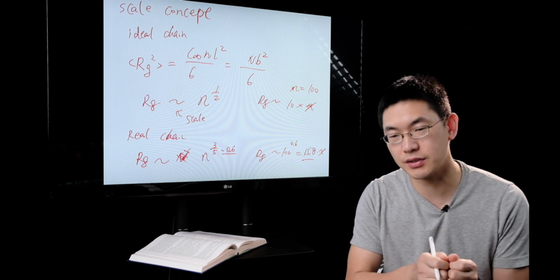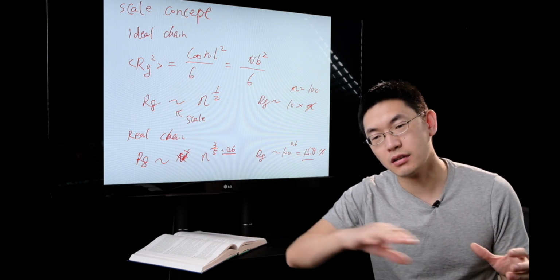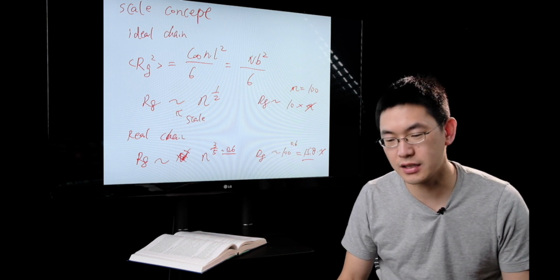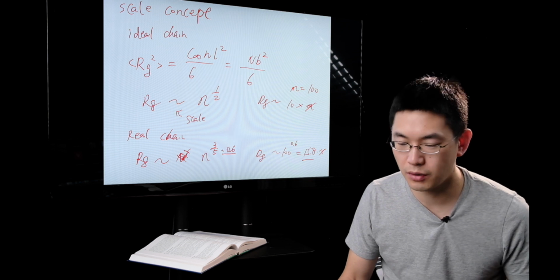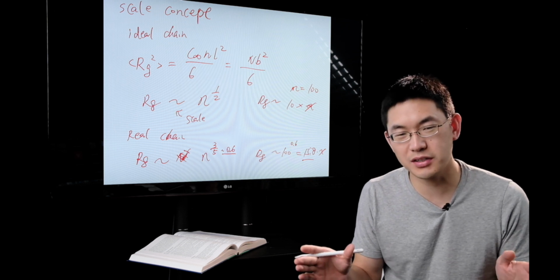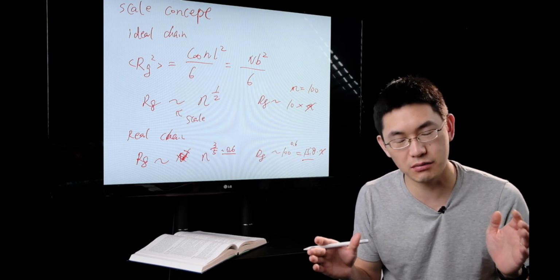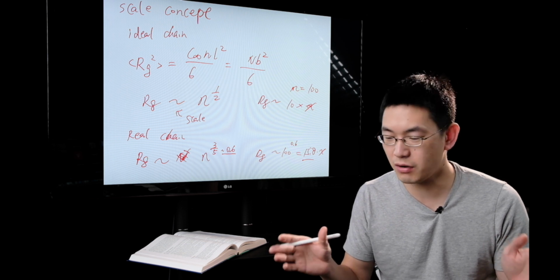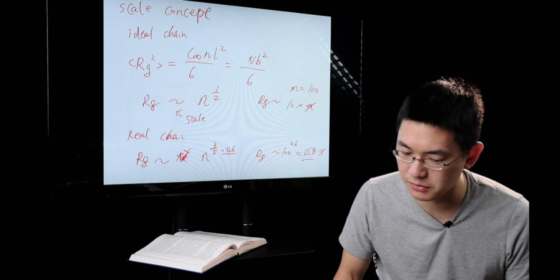You basically have a straight polymer chain going all the way. So that will not fit the real polymer chain model. So we know it's somewhere between 0.5 and 1, but why exactly it is 0.6 is what we're going to explain in today's class.